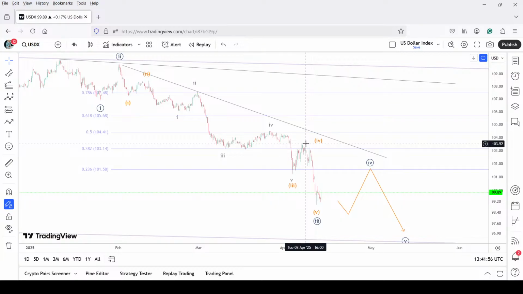If not 104, at least around 103.16. If you have not yet taken profits, you can book them right now as well. Positional traders might have a couple of small unit positions on the short side active, but otherwise it's recommended to completely get out of your short positions by taking profits.